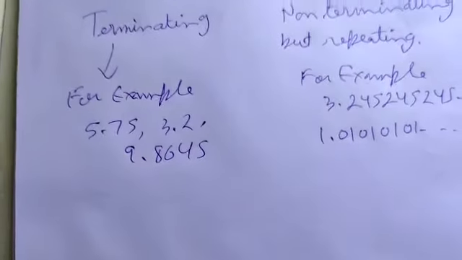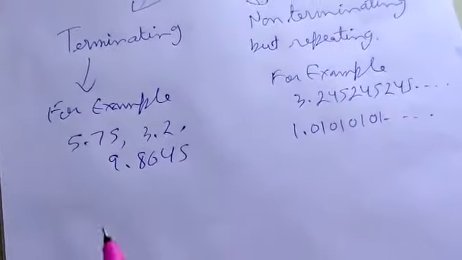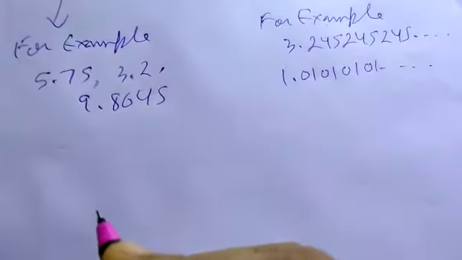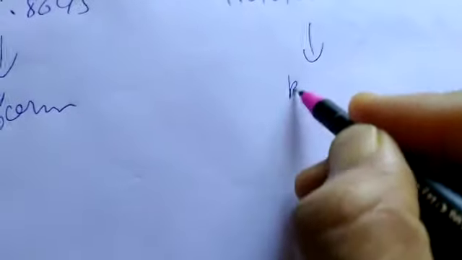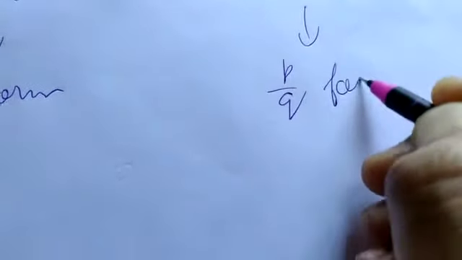Now as you know that both can be written in the form of p by q. So this is also p by q form, and this is also p by q form. Both are in the form of p by q.